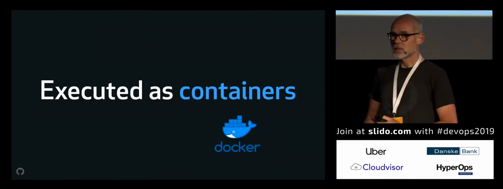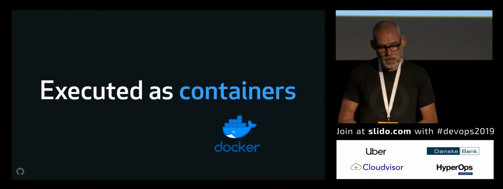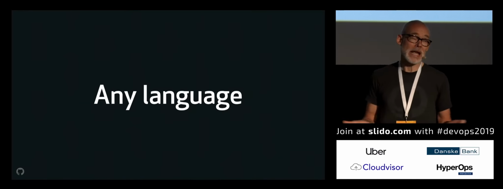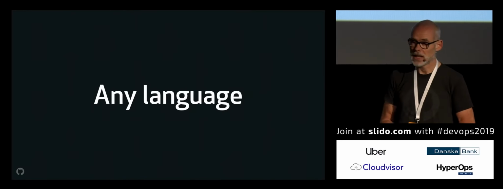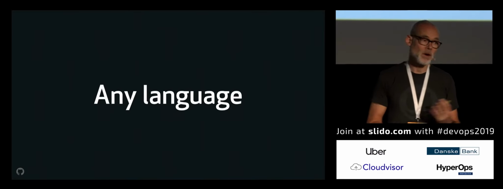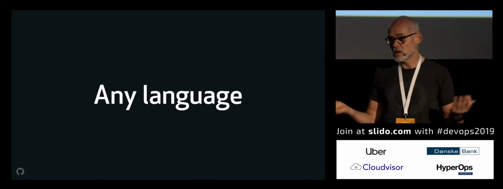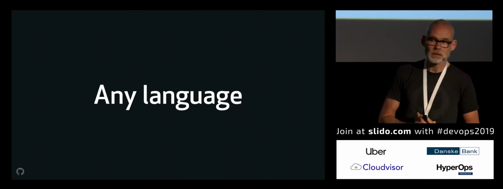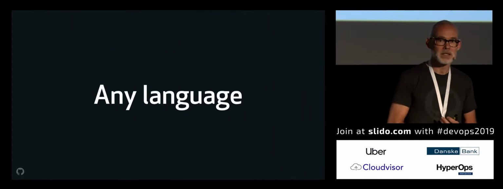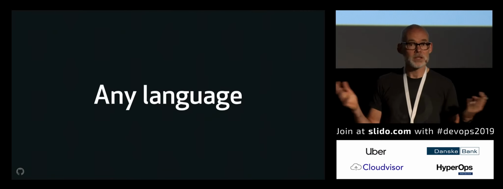Like I said, GitHub Actions are executed as containers. So you can use any programming language you feel comfortable with. Maybe performance is something to note, but if you're more comfortable just writing Python or Ruby, you just pick a container that provides the programming language that you want to use, and you can just write your action.